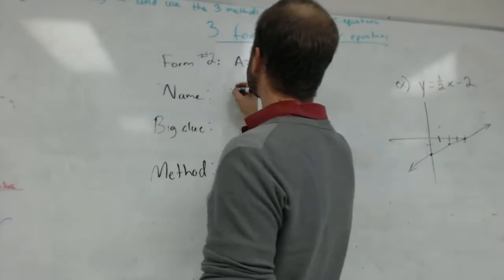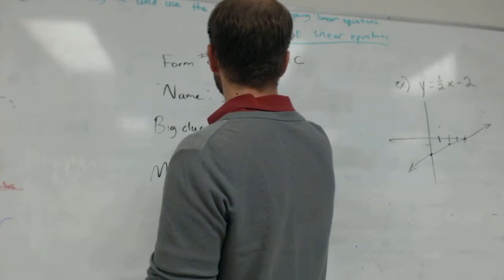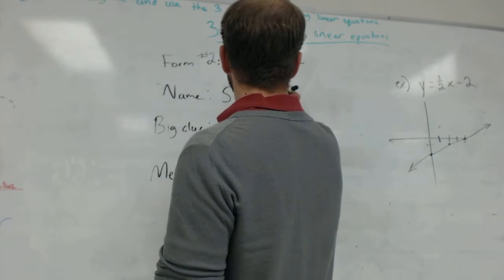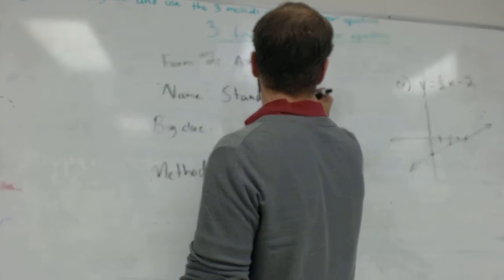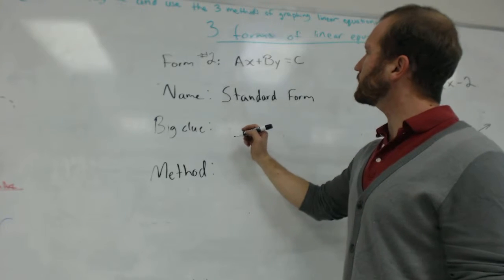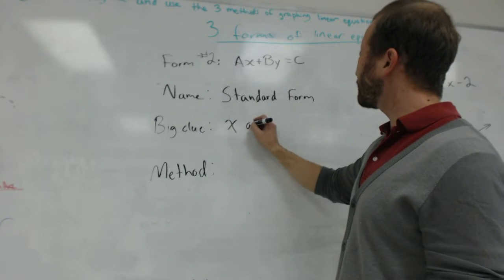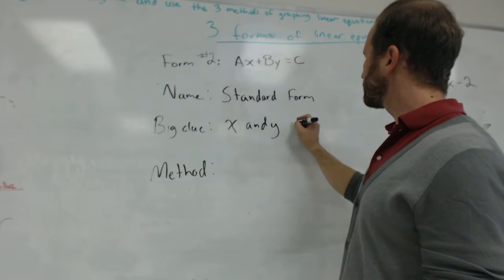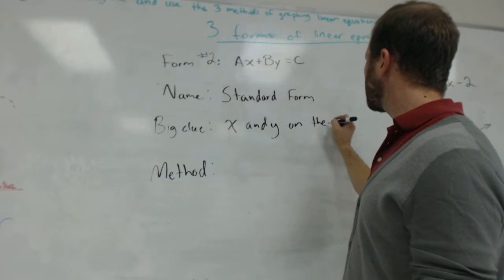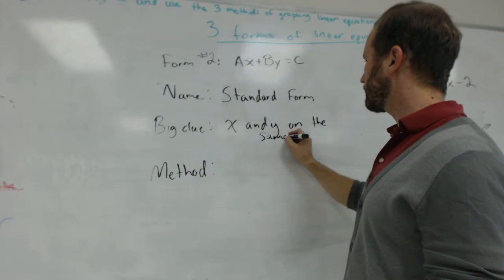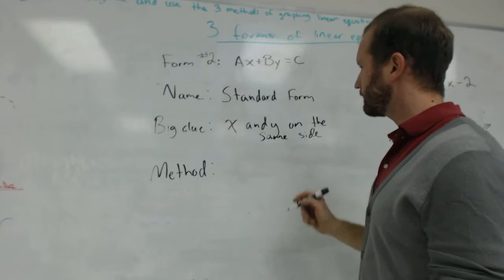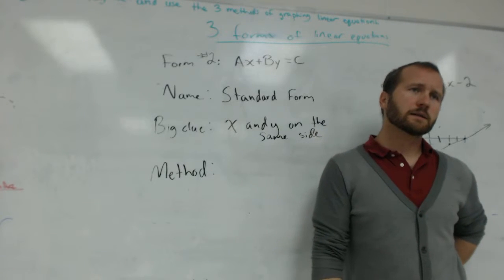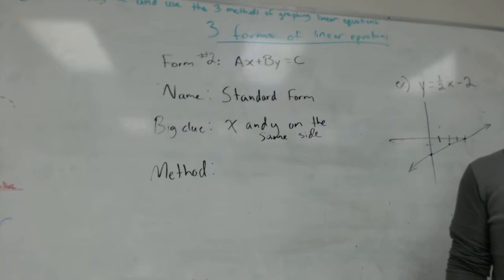This is called standard form. Big clue for this one, x and y on the same side. Okay? That's our big clue. That's how we know we have standard form.